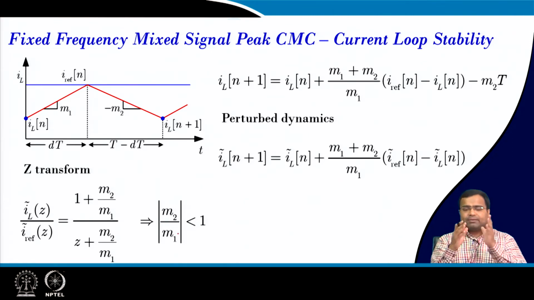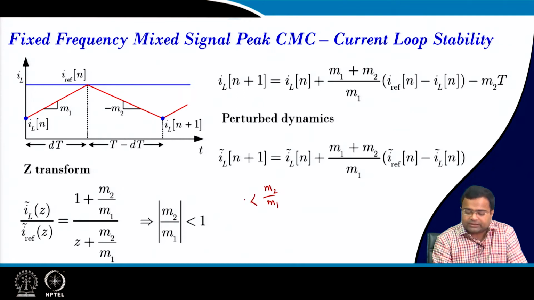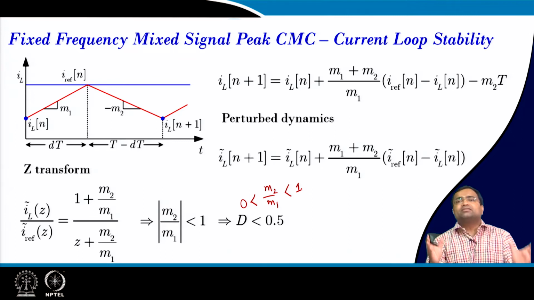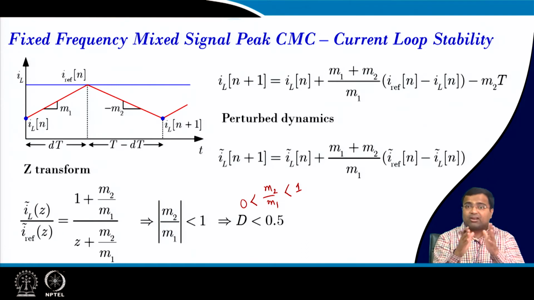Since m2 and m1 both are positive, your requirement is that m2 by m1 must be greater than 0, which is true, and it must be less than unity, and again it will be less than 0.5. I am not going through all the steps, because we have already discussed for the analog current loop.